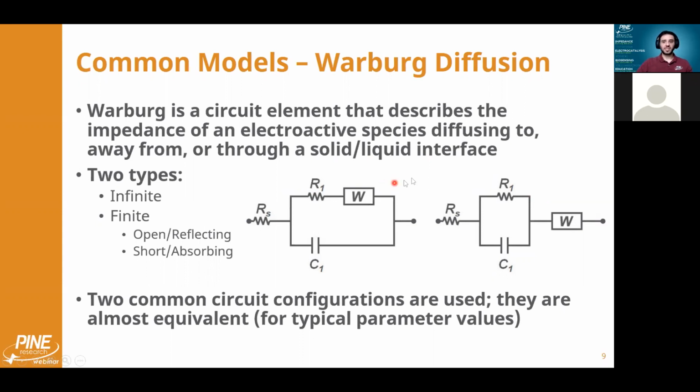To be honest, I'm not 100% certain what sorts of justification you might have to use one over the other. For example, is the diffusion in parallel with some capacitive process, or would you consider the diffusion to be in series with the whole charge transfer process? There's probably ways of discussing those, and there may be some more analysis in the literature, but for simplicity, I'm just going to assume this model.